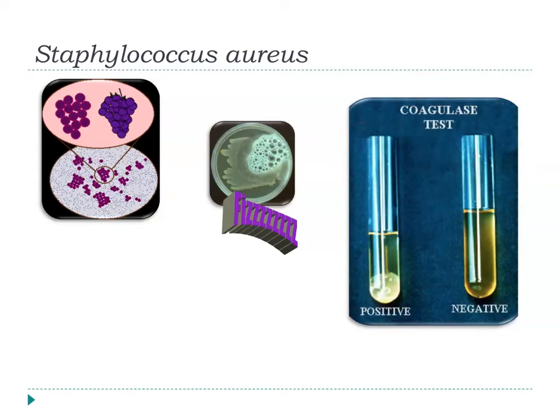So we grow the organism, incubate it for a short while in a broth containing plasma. The plasma is citrated, so it won't clot spontaneously, but this organism, Staph aureus, produces a coagulase enzyme which forms a clot under those circumstances. And Staphylococcus aureus is the coagulase positive Staphylococcus.